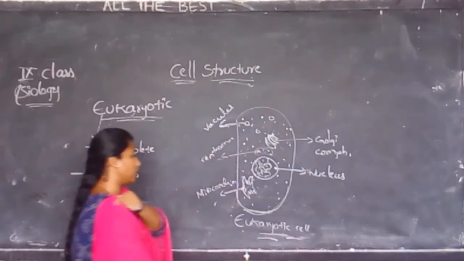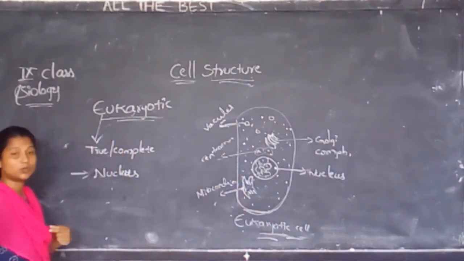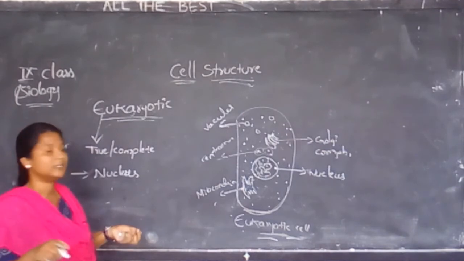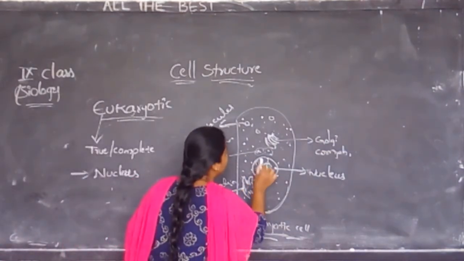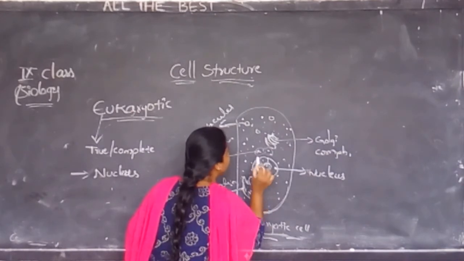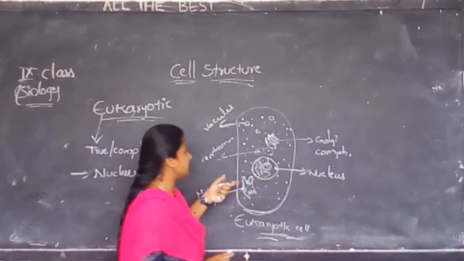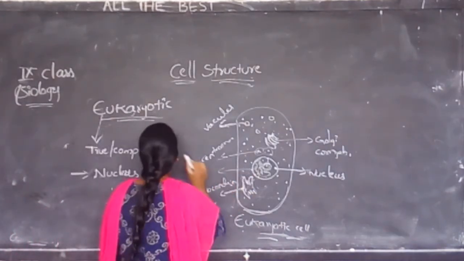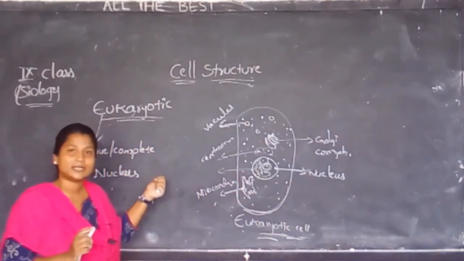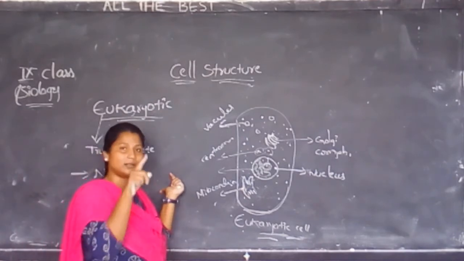The genetic material of this cell is enclosed by a membrane. That means it has a nucleus. The chromosomes lie in the nucleus. It has so many chromosomes, whereas the prokaryotic cells have only a single circular chromosome.